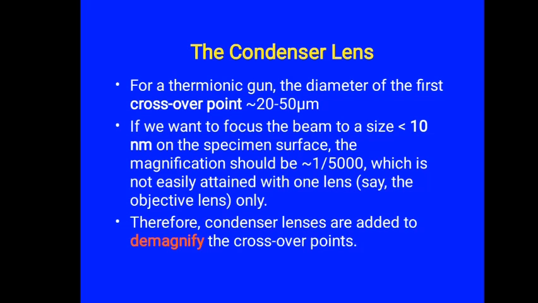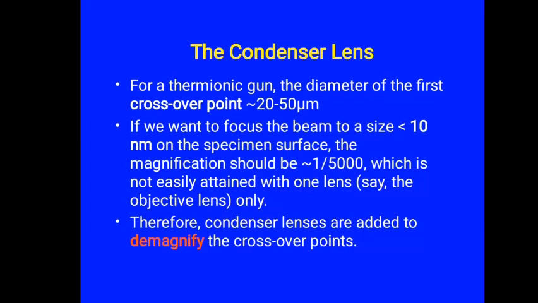Further information on the condenser lens. For the thermionic gun, the diameter of the first crossover point is about 20 to 50 micrometer. If we want to focus the beam to a size less than 10 nanometer on the specimen surface, the magnification should be approximately 1 upon 5000, which is not easily attained with one lens only.